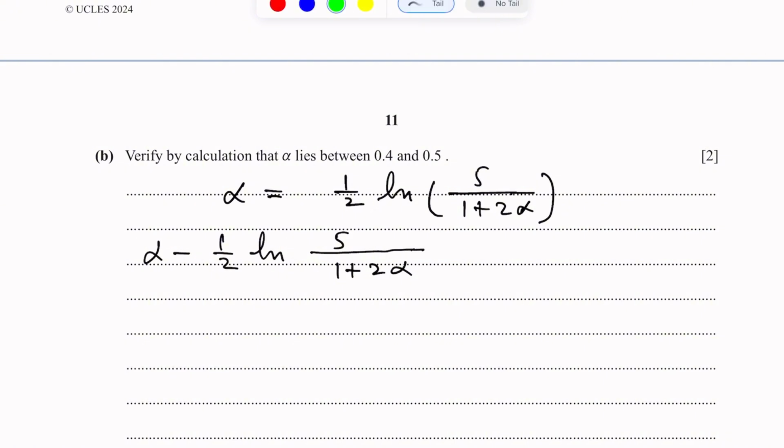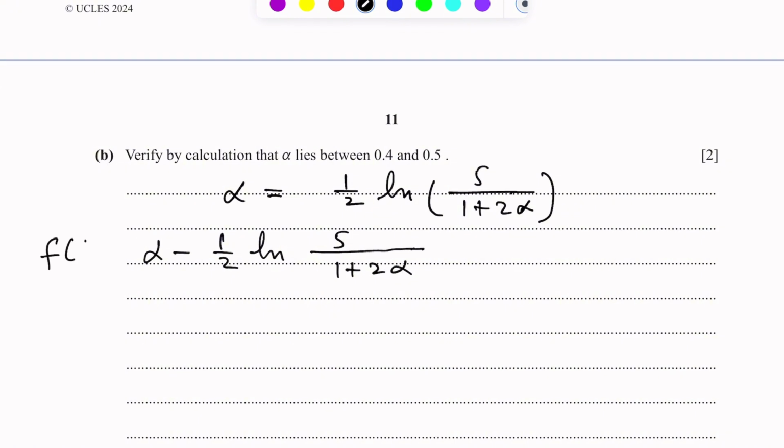Now this is a single function equal to 0, but we don't need an equation. We will represent it by a function, f of alpha, because the variable used here is alpha.